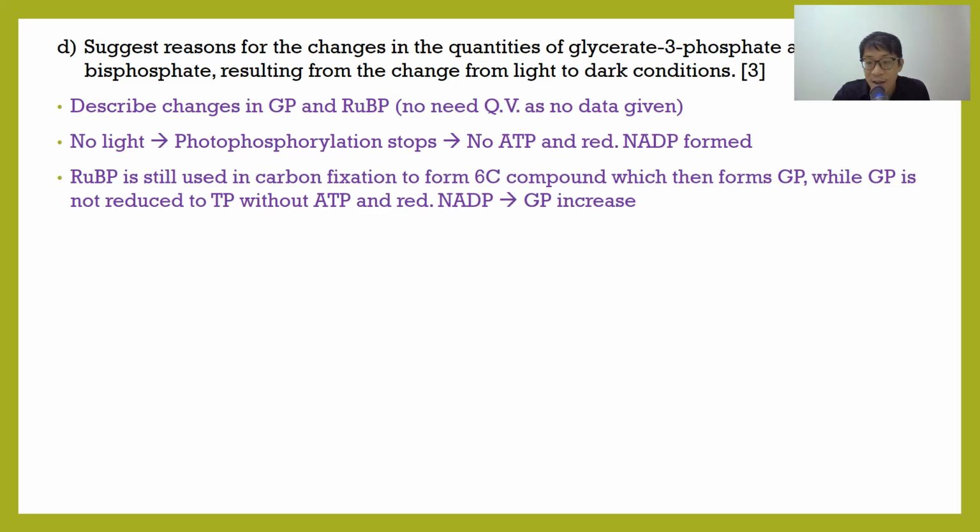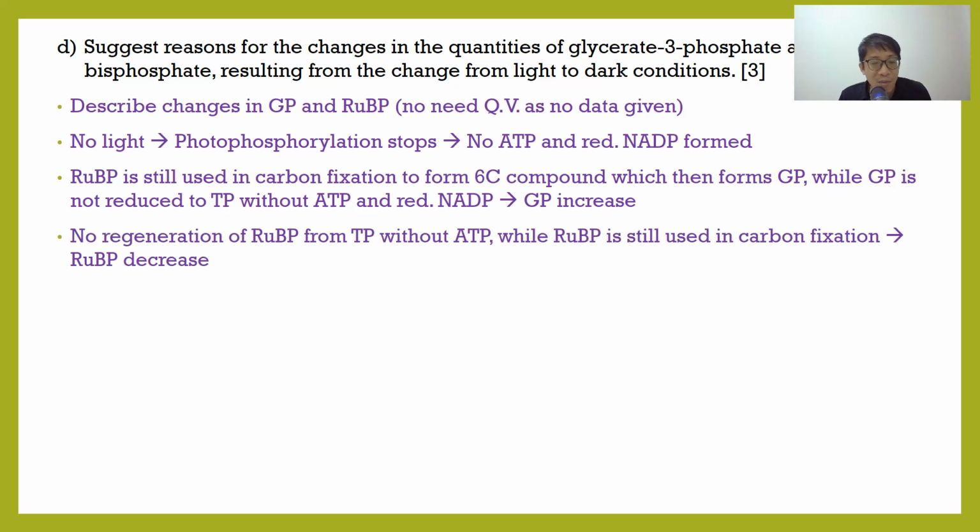However, because of the lack of ATP and reduced NADP, GP is not reduced to TP. So we have formation, but no usage. Formation, no usage. Therefore, there's a net increase in GP. As for RUBP, it continues to be used because again, there's still carbon fixation. However, because of the lack of ATP, any existing TP cannot be regenerated into RUBP.